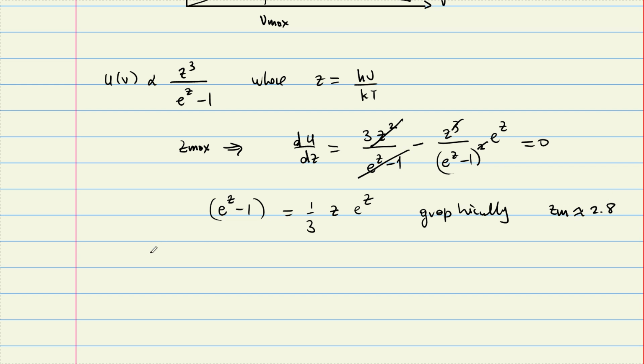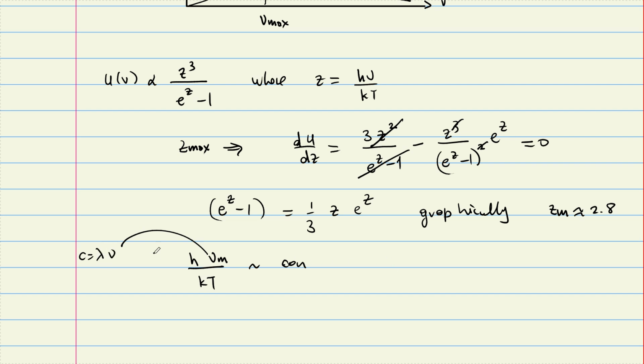And that says h nu over kT at maximum is some constant. Or you can just convert this to wavelength, right? c is equal to lambda times nu.